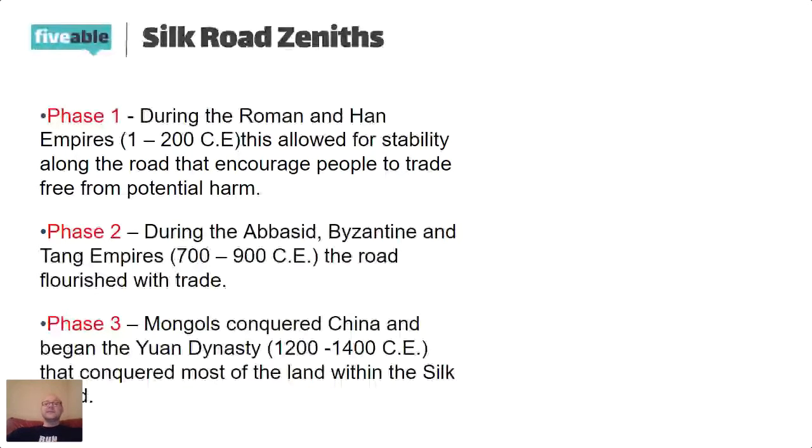This allows the Silk Road to become viable because you have two major empires, the Roman and the Han, who are controlling this trade and are trying to keep the road safe. And as long as the Silk Road is fairly safe, then that means that people are most likely to trade on the Silk Road. If they're not safe, people are not going to trade.